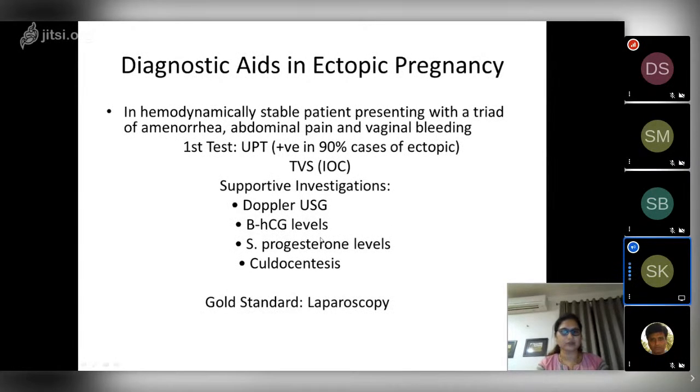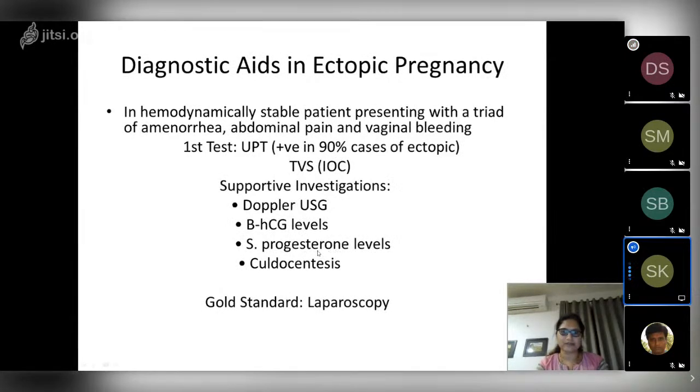Two things you have to remember regarding beta HCG levels in ectopic pregnancy: one is that the levels will be lower than in a normal pregnancy corresponding to the gestational age, and second is that there is no doubling of the beta HCG levels, which normally occurs in 48 hours in a normal pregnancy. That is why we do a beta HCG level, which will indicate the presence of the ectopic pregnancy.